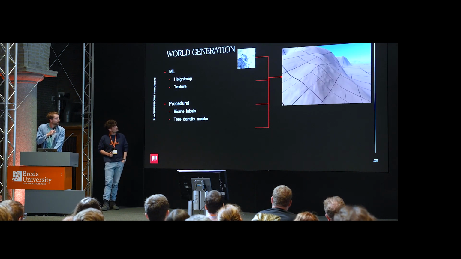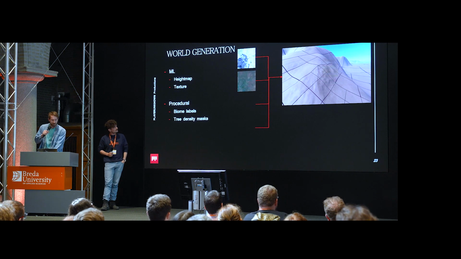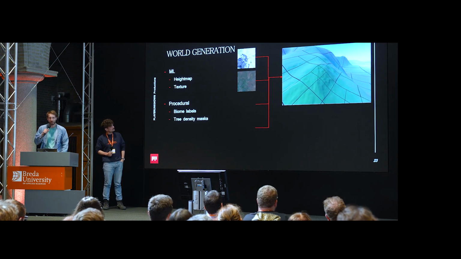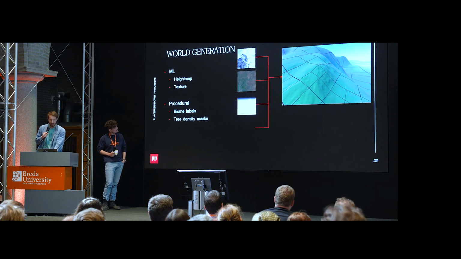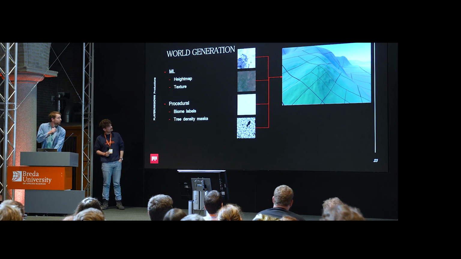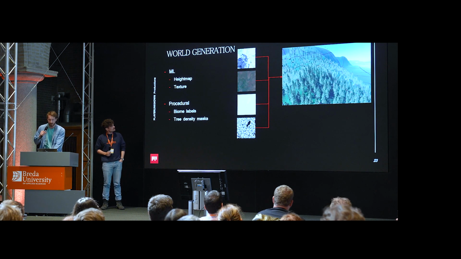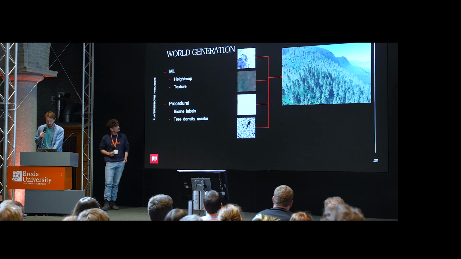The machine learning model generates a height map, which is then applied for the terrain mesh. And you can see the quad tree overlaid over there. And then also it generates a satellite texture, which is then used as a long distance view albedo texture. And then we procedurally generate biome labels and tree density from the height map to allow us to place assets.